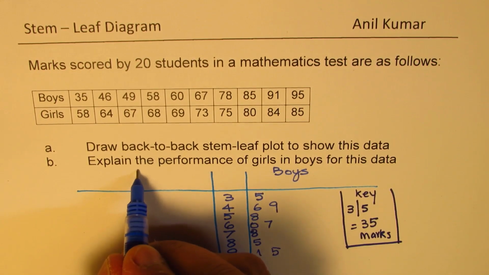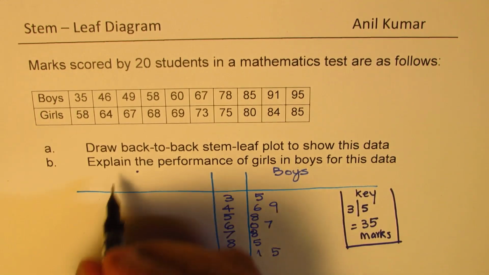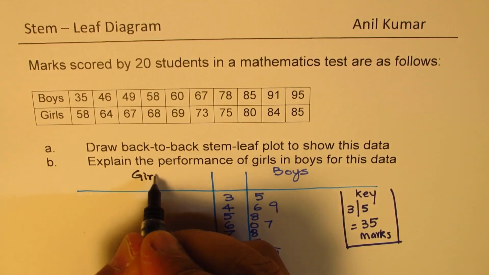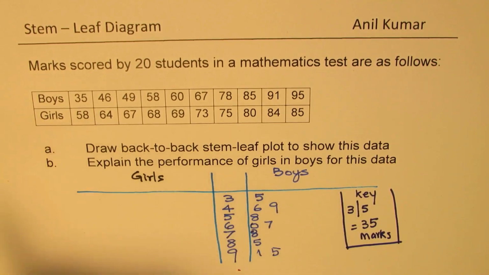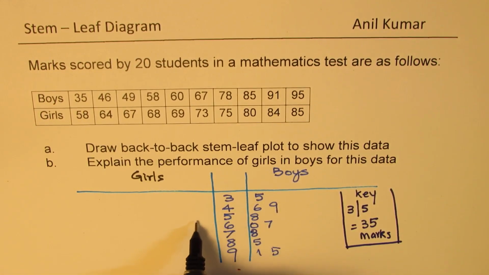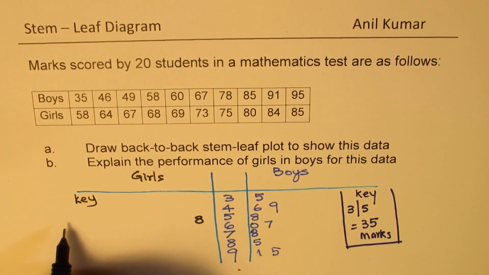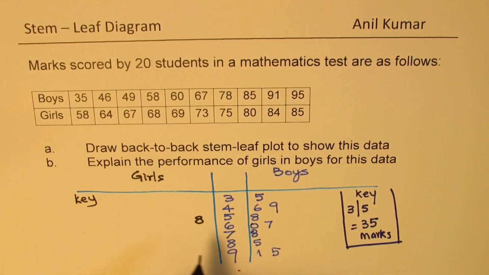Now for the girls, we'll put it on the other side. Let me use another ink here. Okay, so for girls, we have 58. Now 5 and 8. We have 5 here. We can place 8 on the left side, right? So 8 like this, 58. Now here the key is what? In this case, we are writing this 8 first, right?